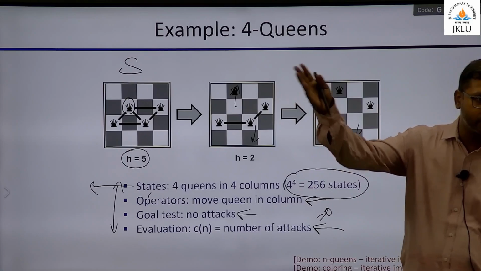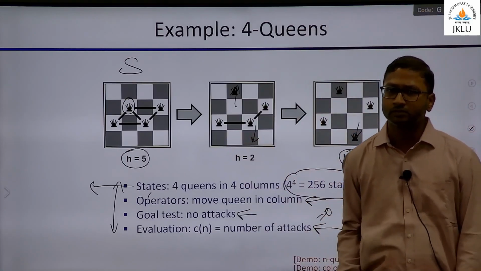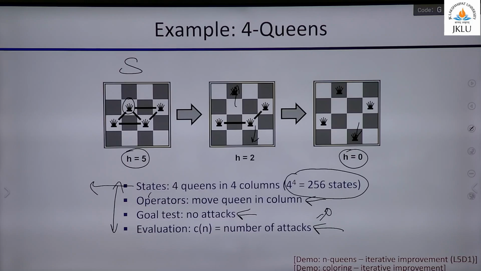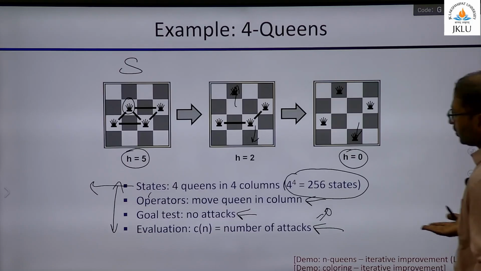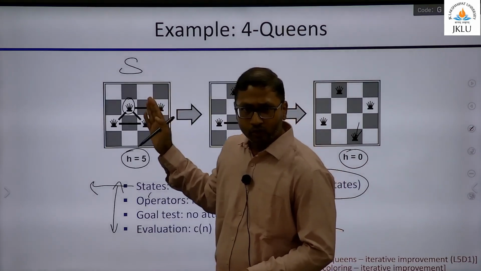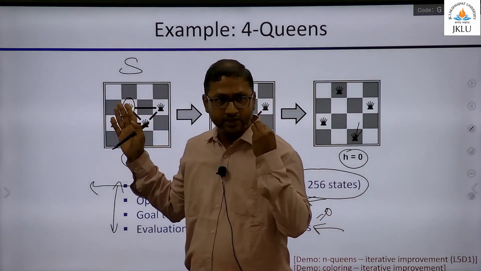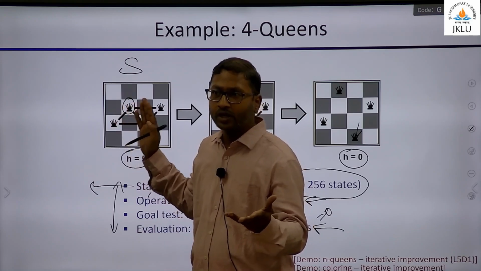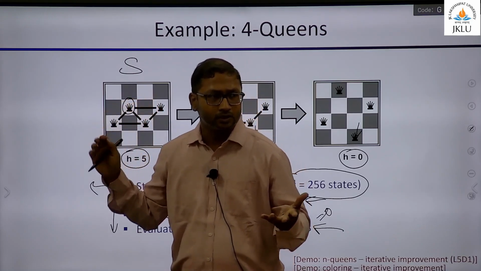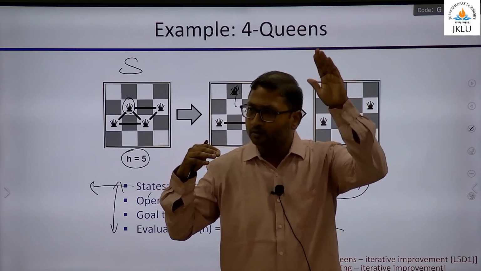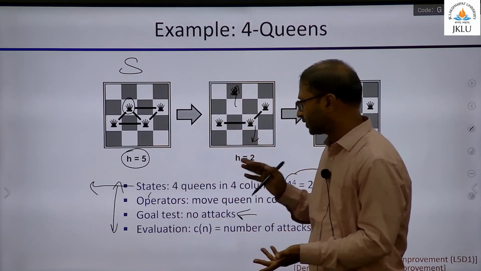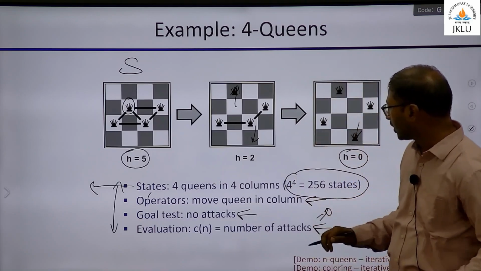Is it symmetric with respect to rows as well? Yes. Okay. So, what are the conditions required? We all know that if there has to be no attack, they all have to be in different columns and different rows, right? So, that is how you start with. 4 queens in 4 columns.